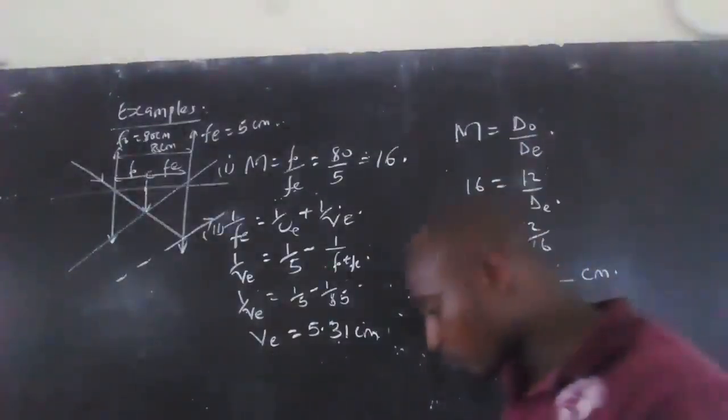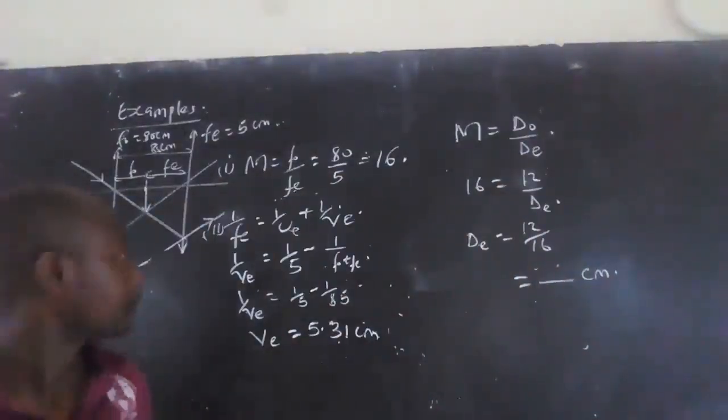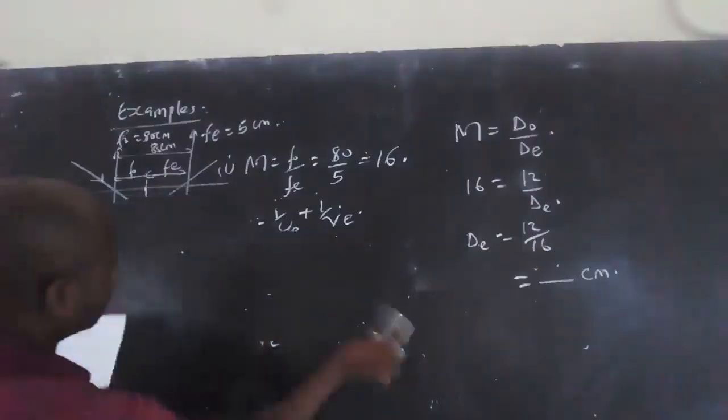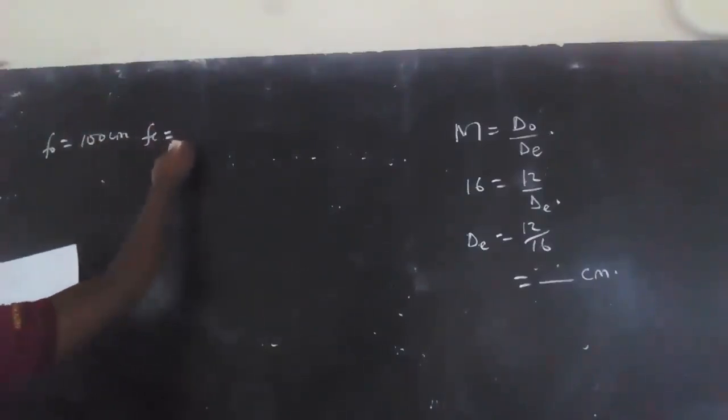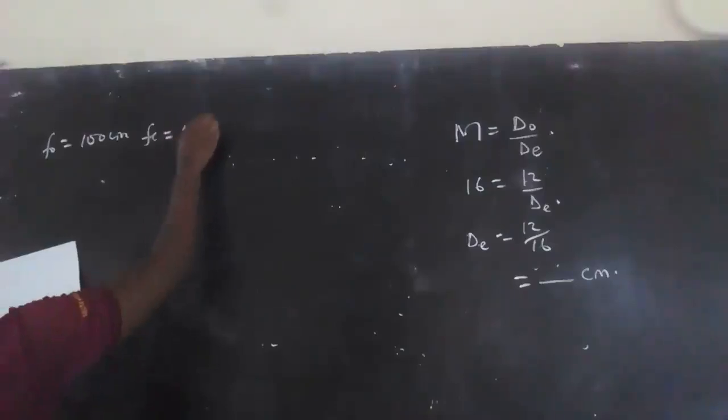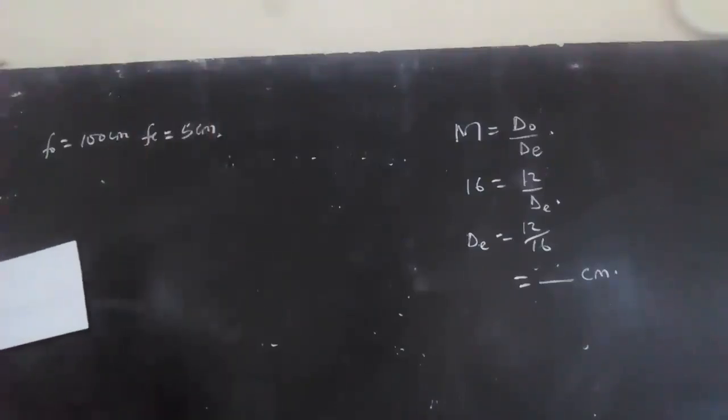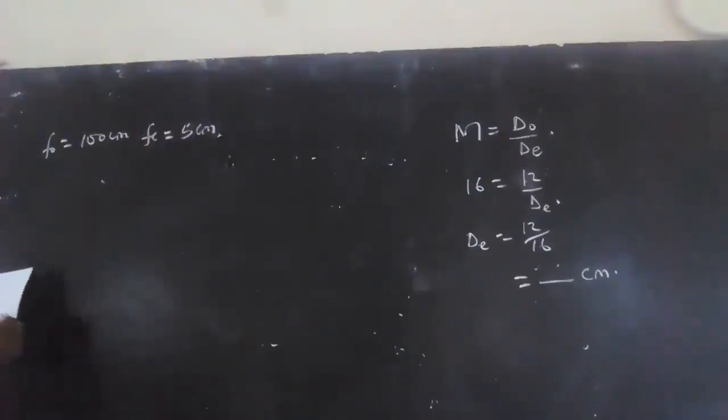It says an astronomical telescope has an objective of focal length F0 of 100 centimeters and an eyepiece of focal length FE of 5 centimeters. Find angular magnification if it is in normal adjustment.